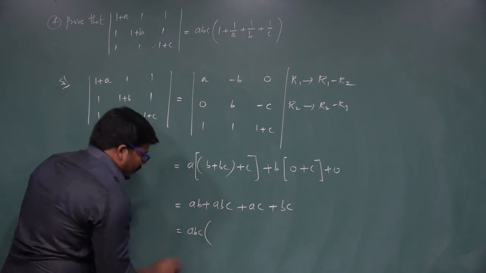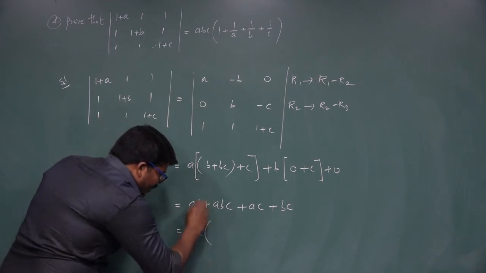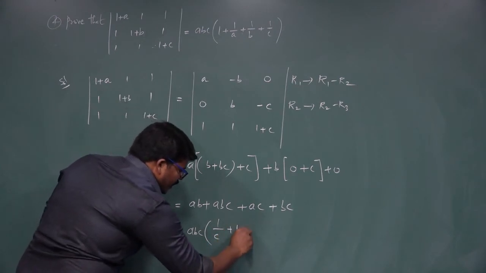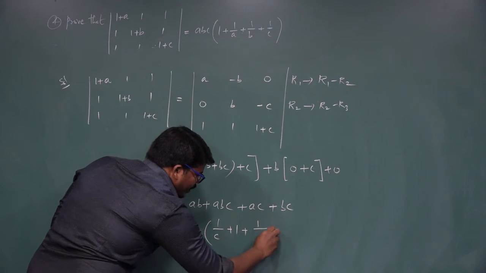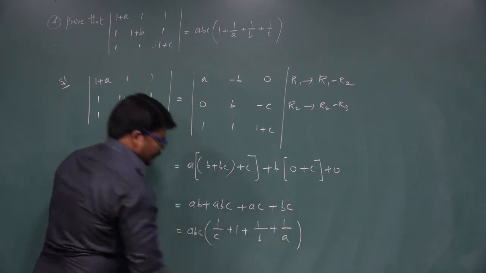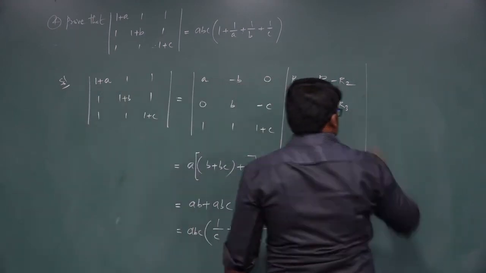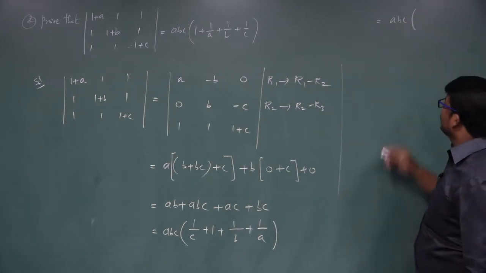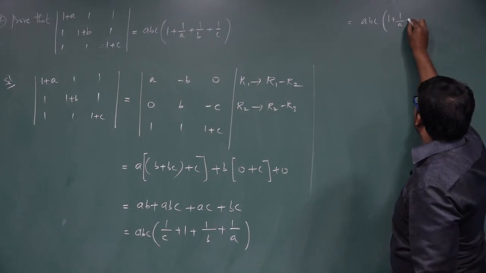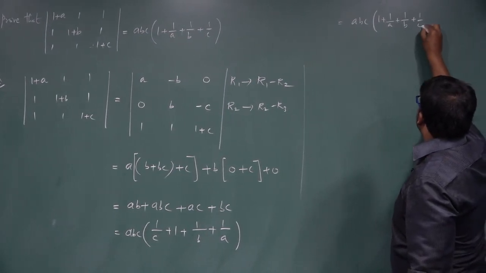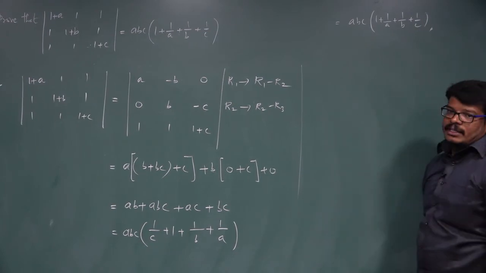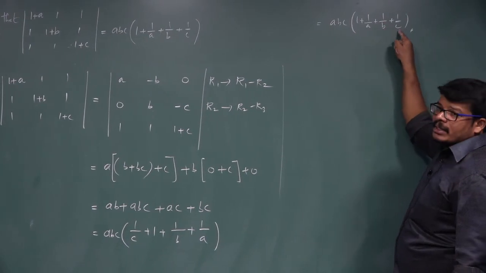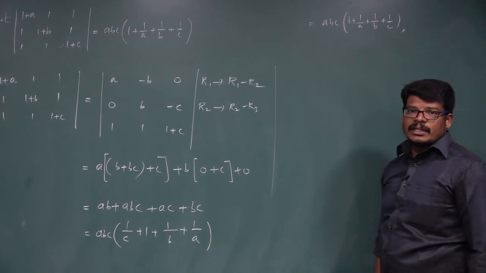ABC into, AB divided by ABC is 1 by C, next plus 1 by B, plus 1 by A. Now we write in the form ABC into 1 plus 1 by A plus 1 by B plus 1 by C. That is RHS. To prove the result, ABC into 1 plus 1 by A, 1 by B, 1 by C. Hence it is proved, LHS equal to RHS.